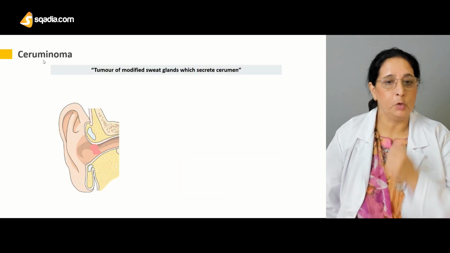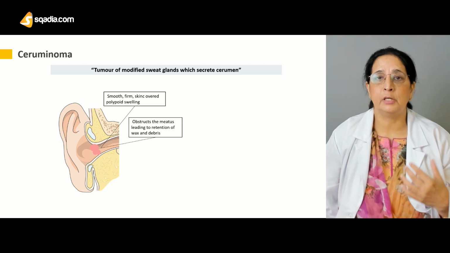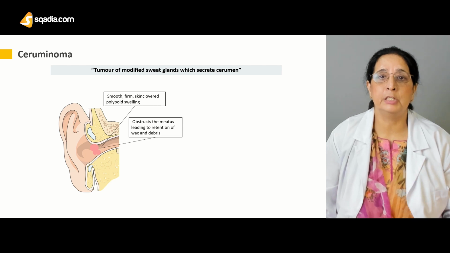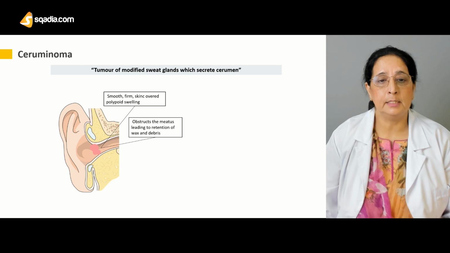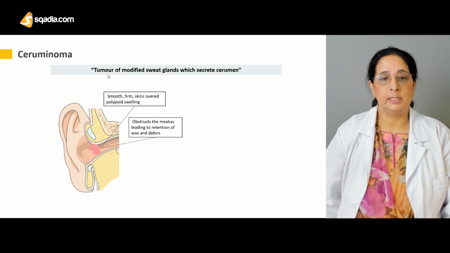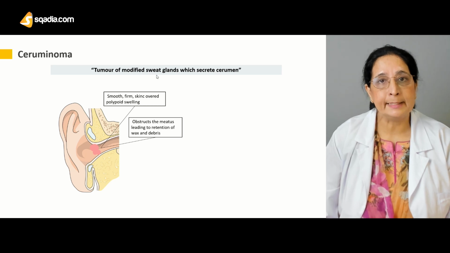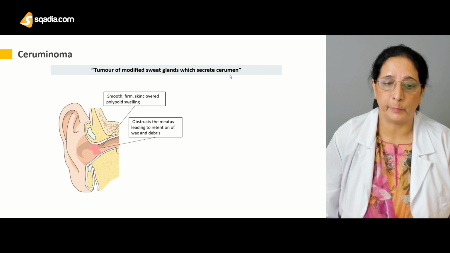Next, ceruminoma. As you already know, cerumen is the wax. So the tumor originating from these wax-producing cells is the ceruminoma. These are tumors of modified sweat glands which secrete the wax known as the cerumen.